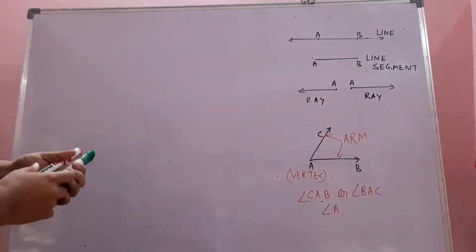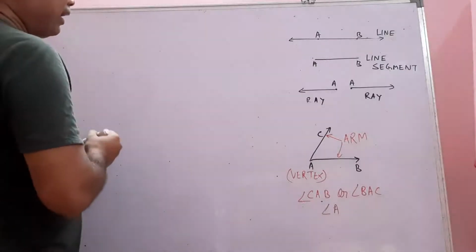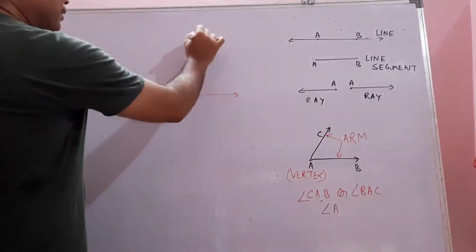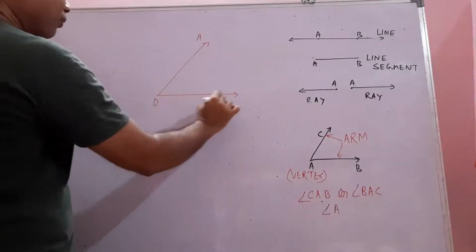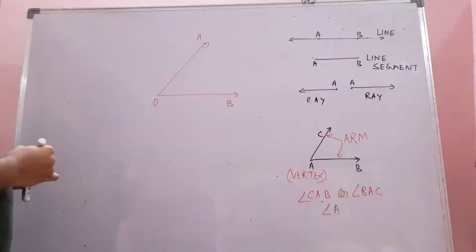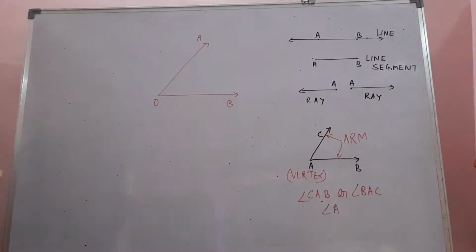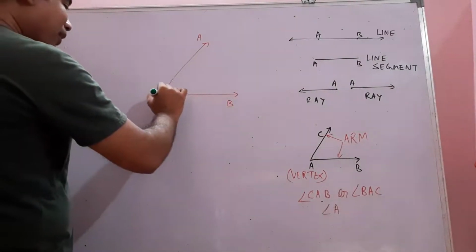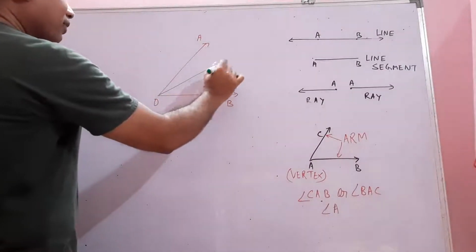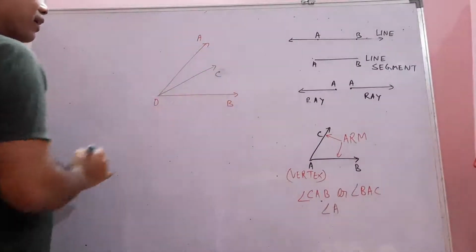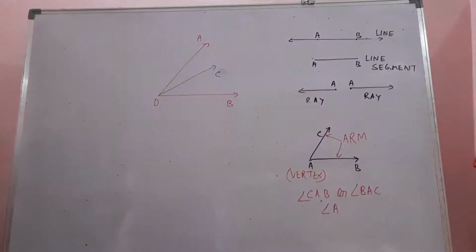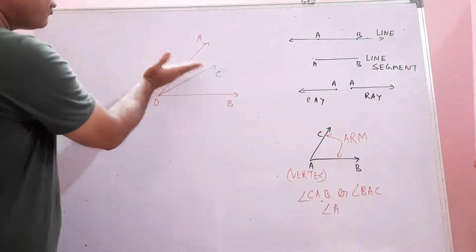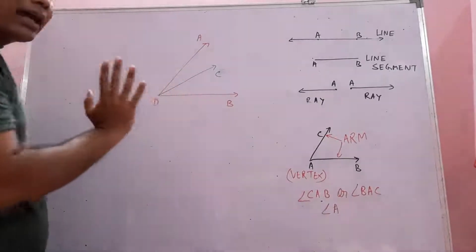suppose an angle is already there, say the angle AOB, vertex O, with OA and OB as the arms. Now from the same vertex, there is another ray, suppose OC. When you draw OC, the given angle AOB is divided into two equal angles.